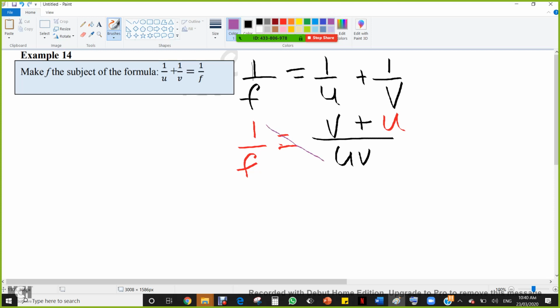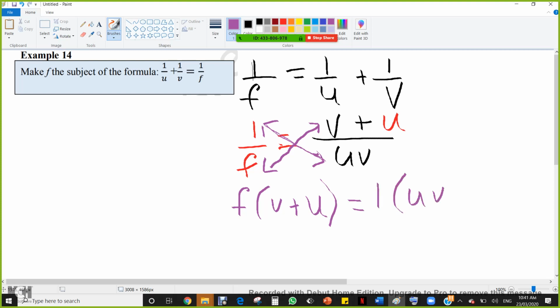Yeah, cross multiply. Everybody seeing the cross multiplication there? Let me draw arrows to make it more specific. So that means that f multiplied by v plus u is equal to the 1 multiplied by uv. Any questions so far?